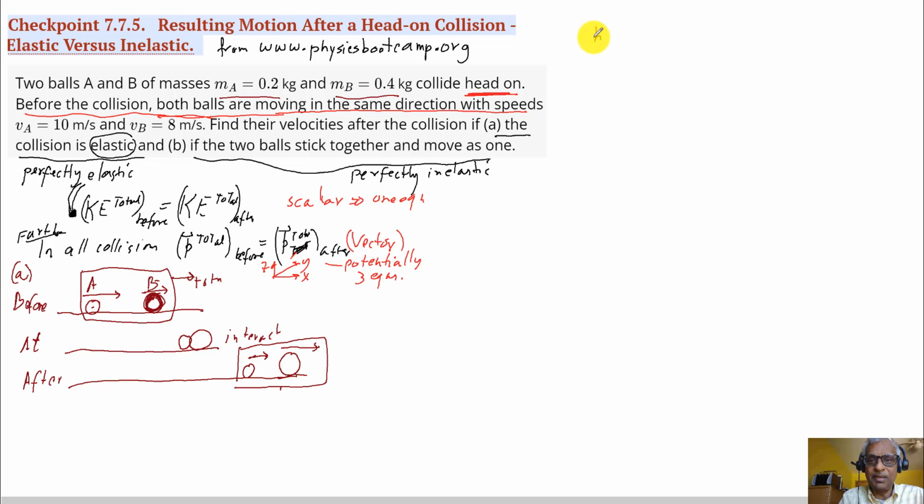And the situation in B is the same thing. Before is the same.